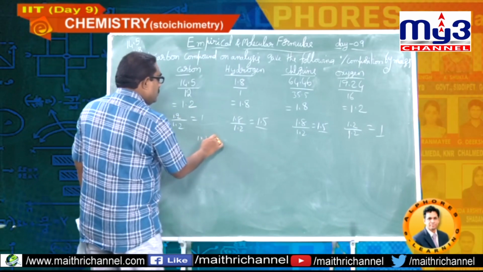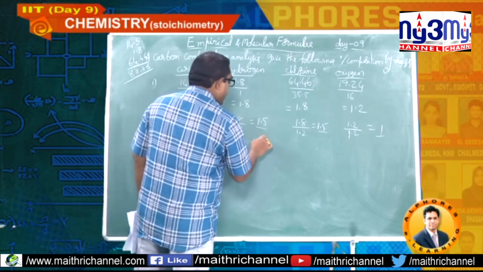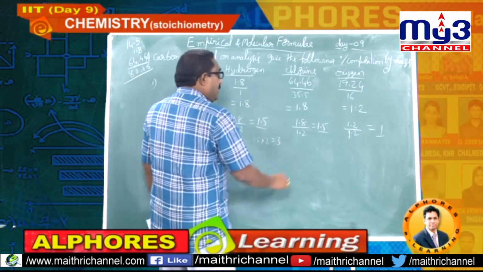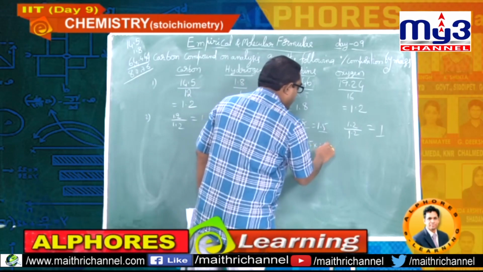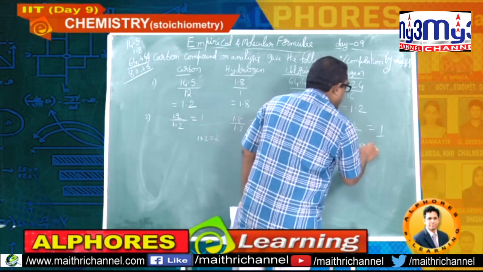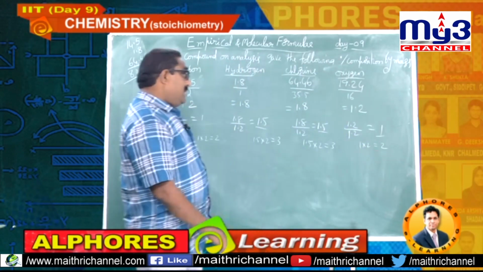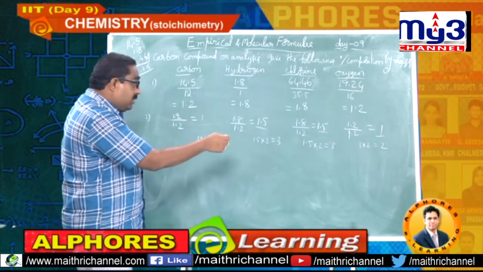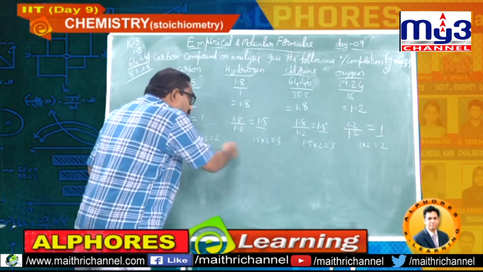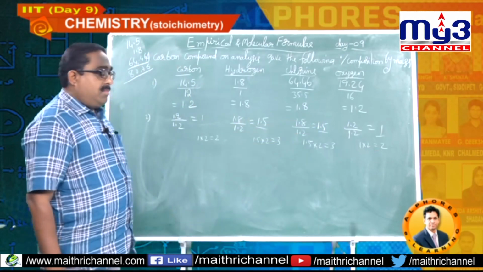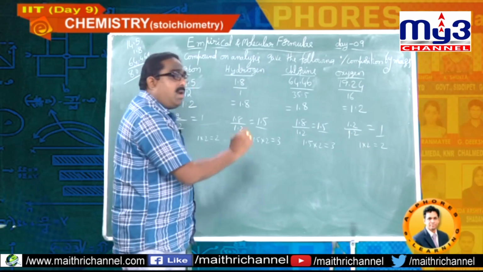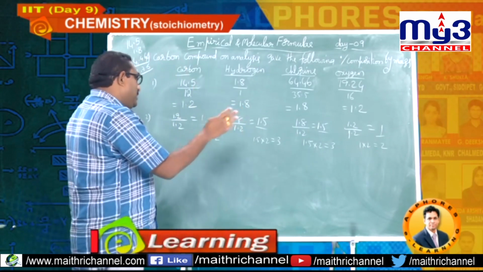Now, I will do in the next step. 1 into 2, 2, 1.5 into 2, 3. Here also 1.5 into 2, 3, 1 into 2, 2. Start with what integer? With 3, with or 4. If you do with 4 also, you will get simple ratio, same thing. But our target is to get a simple whole number ratio. That is why I multiplied with 2.